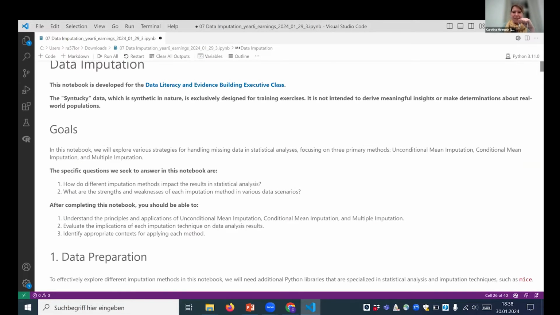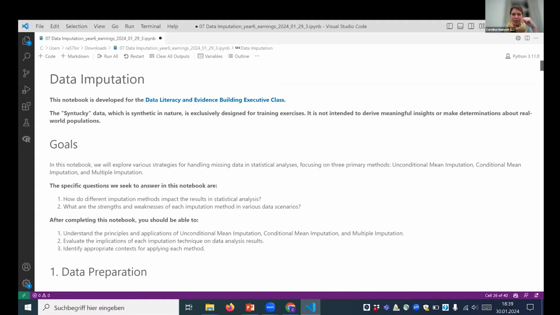So the executive class people have a little bit of an advantage here because we use again the synthetic data. And if you're not familiar with the synthetic data, we use records from wages and education data in Kentucky to create a synthetic data set that is similar to data that we see at KY Stats.